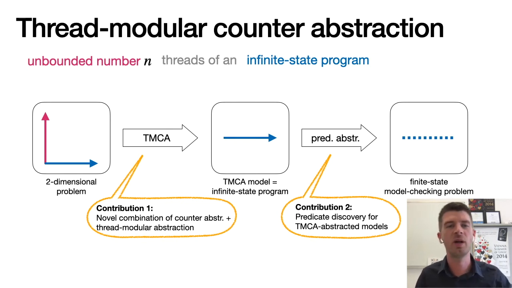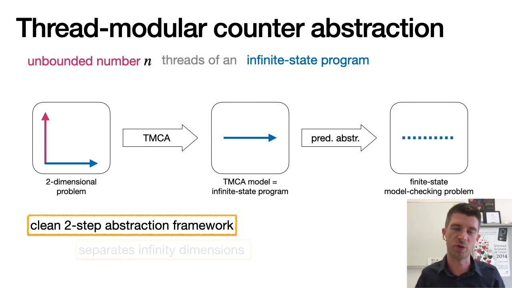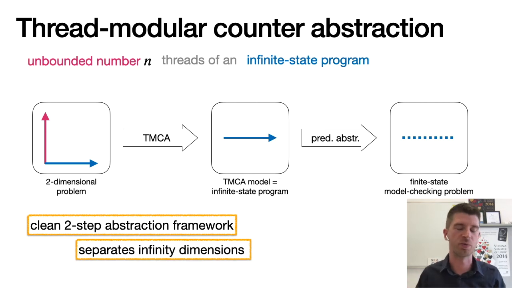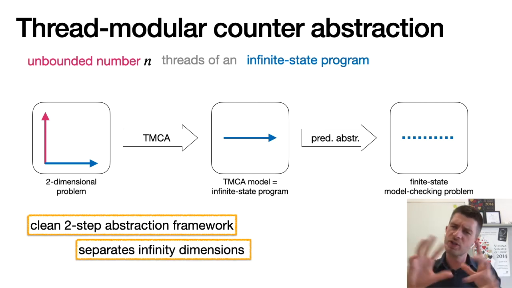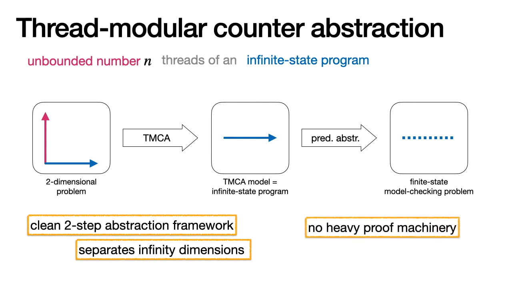So in a nutshell, what we present here is a clean two-step abstraction framework. Clean because it treats each of the dimensions of infinity separately. And remember that this was a problem with all the previous work, which kind of jumbles them together. Also, we do not introduce any new heavy proof machinery.